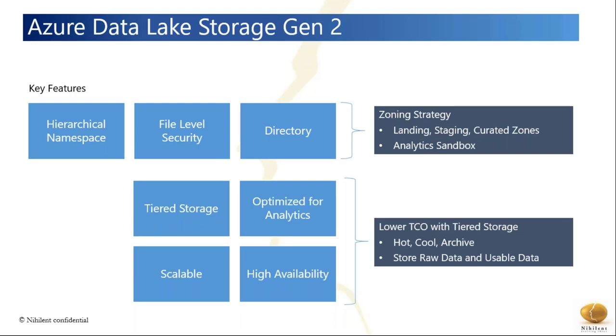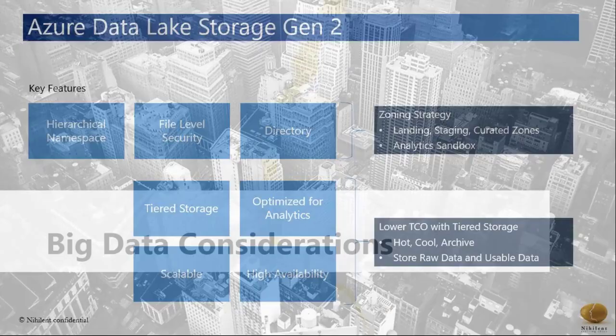Because cool storage will cost you less, but you have to remember that the SLA for a cool storage would also be less. But if you're okay to live with that, then that's a great feature to use. And of course, archive storage as well, right? So if you have certain things that you want to archive for 6 months or something like that before you delete or remove it, you could do that as well. So good features for you to manage your data within data lake and try to see how you can balance your total cost of ownership with the performance that you want to get out of it.